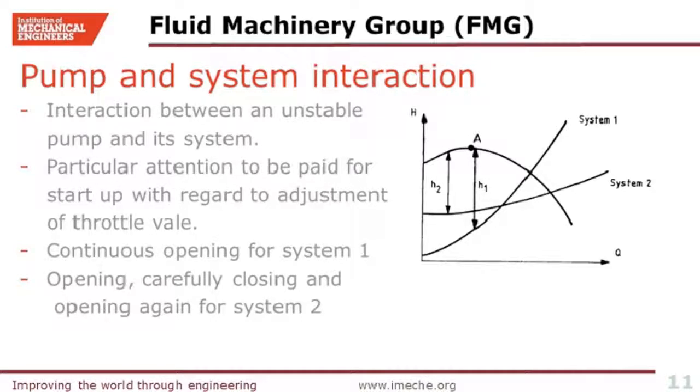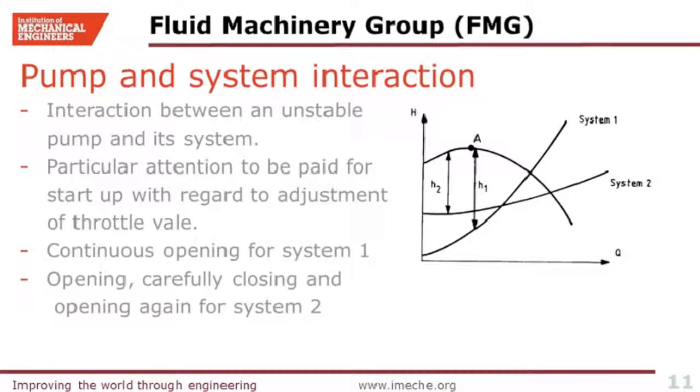A resistance curve with mostly friction components, which is system 1 in this figure, but little static pressure head, will intersect the pump curve at a higher angle than a curve with mostly static head but little friction loss. Because normally the curves with mostly friction components are steeper.